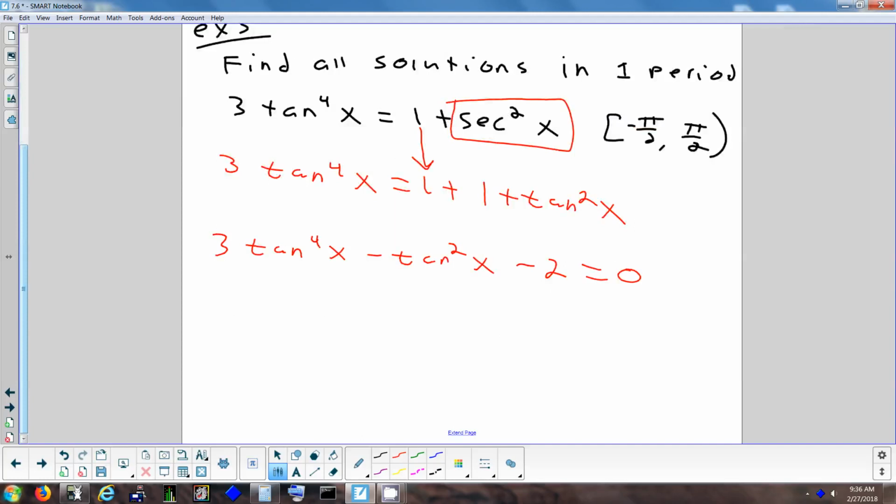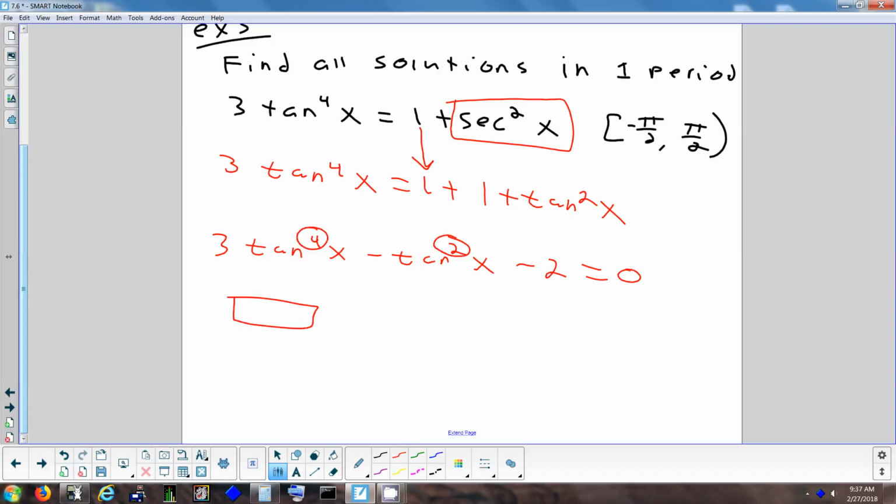Now, when you look at that at first, you might be like, well, wait, that's not a quadratic, because the highest exponent isn't 2. But it is a quadratic type of pattern. You can use the quadratic formula on that, or you can factor it if that works too. Anytime that this exponent is double that exponent, and the last number is a constant, and those two bases are the same, tangent, tangent, it's definitely a quadratic pattern.